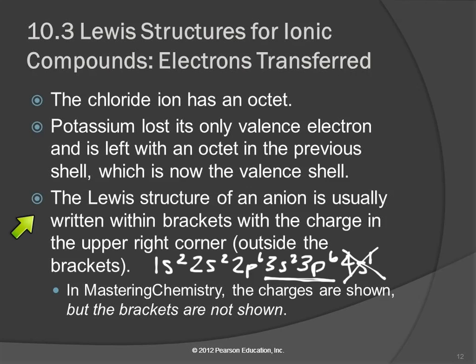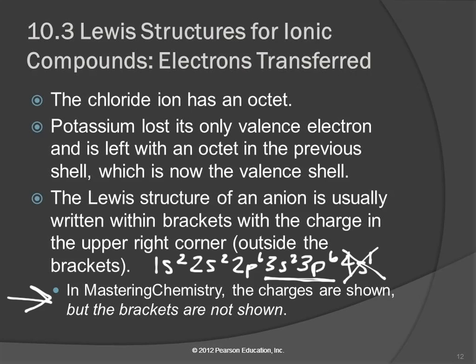With the anion, we usually put brackets and the charge in the upper right corner. This is very, very important right here. In Mastering Chemistry, you put the charges, but you don't do the brackets. Why? Because the program can't do brackets. It can do lots and lots of things.